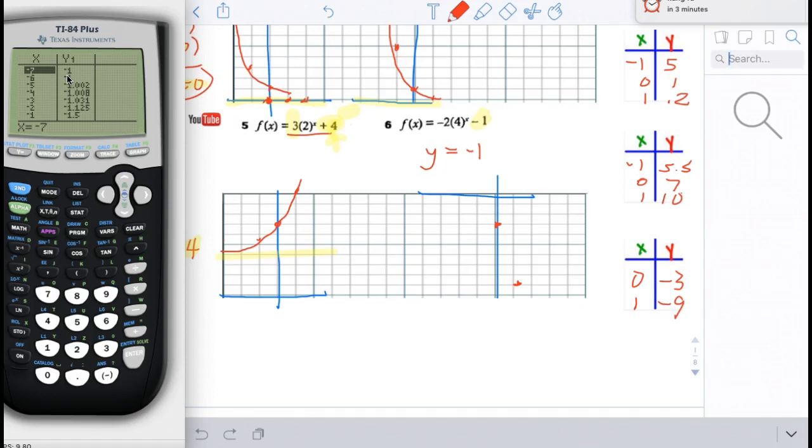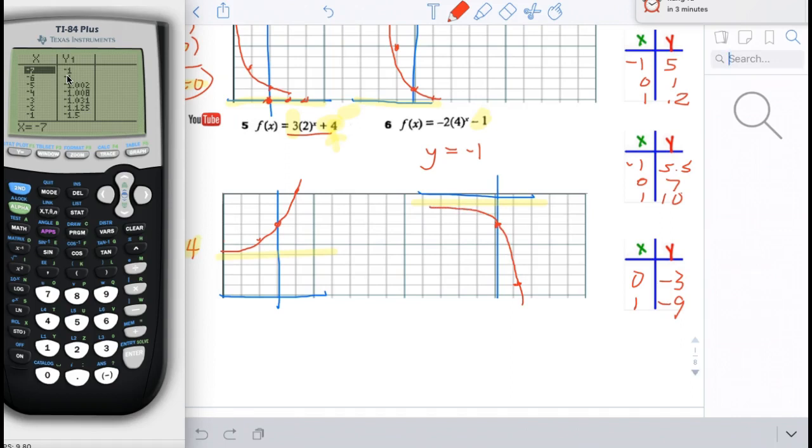Then we know we're going to approach the horizontal asymptote, which is at y equals negative 1, not y equals 1 or y equals 0. So there's y equals negative 1. We're going to approach that line as we go to the left.